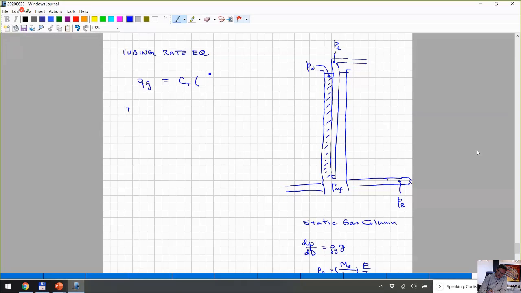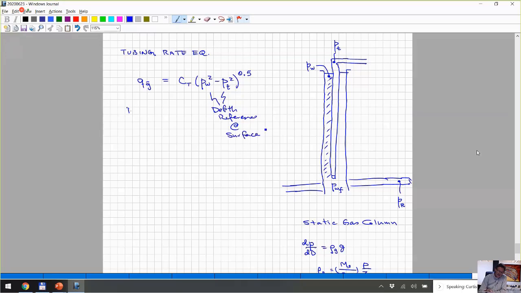So if you just look at the difference between these two pressures, this is basically horizontal pipe flow type behavior, but it works for vertical flow because we've put these two pressures at the same depth reference, which is at the surface.